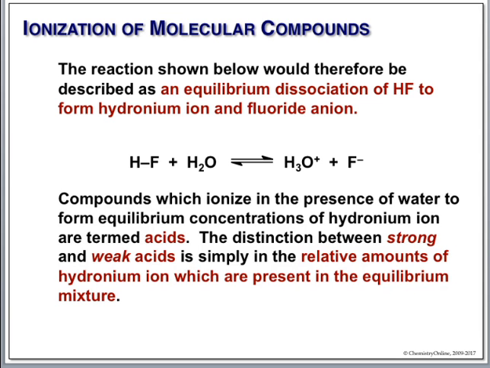We have two categories, strong acids all the way on this side, lots and lots of H3O. Weak acids, very little H3O, lots of stuff on this side. It's a simple equilibrium dynamic.